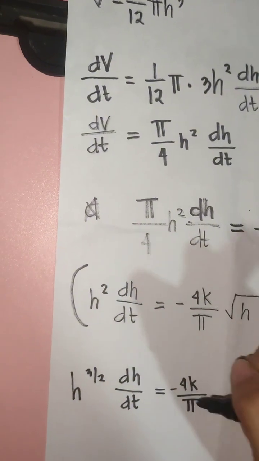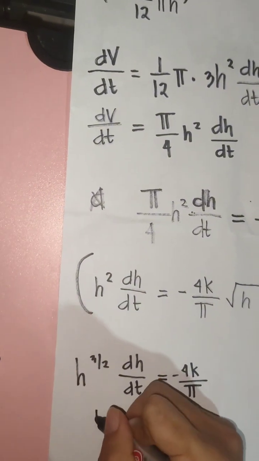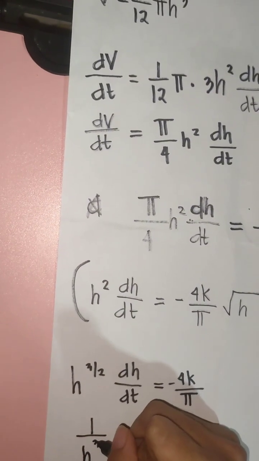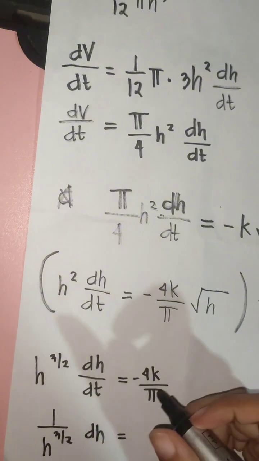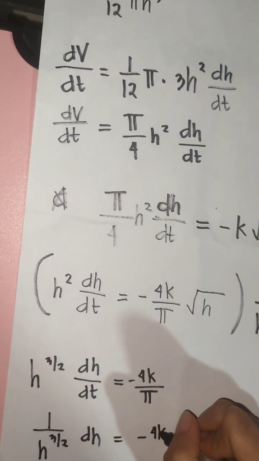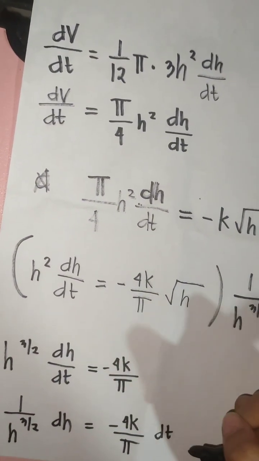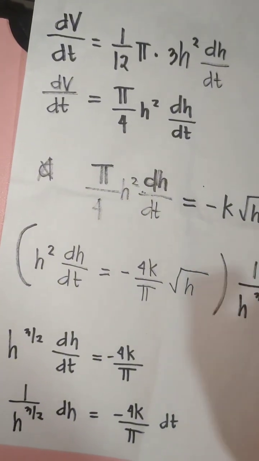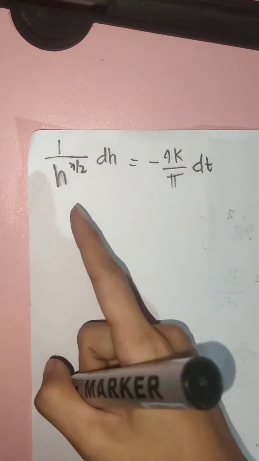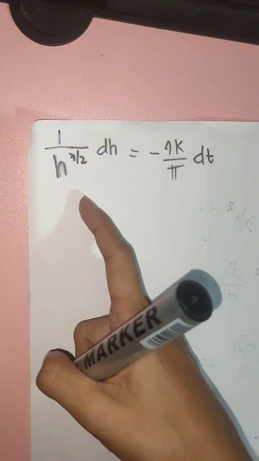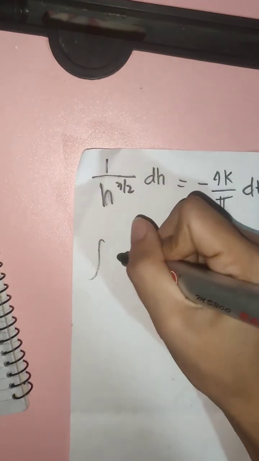Next, we rearrange the equation. So we have 1 over h raised to the power of 3 halves dh is equal to negative 4k over pi dt. Next we integrate the left side with respect to h and the right side with respect to t.